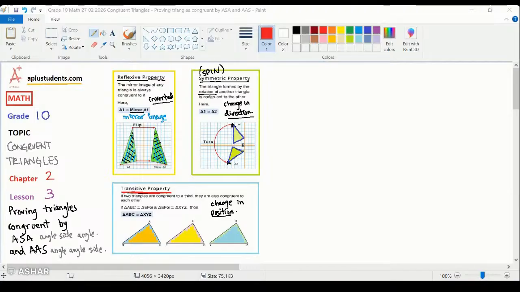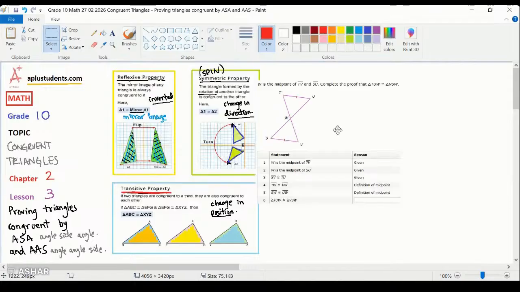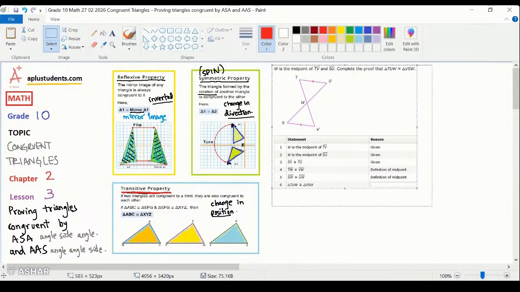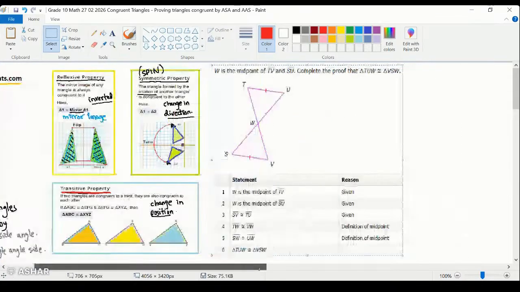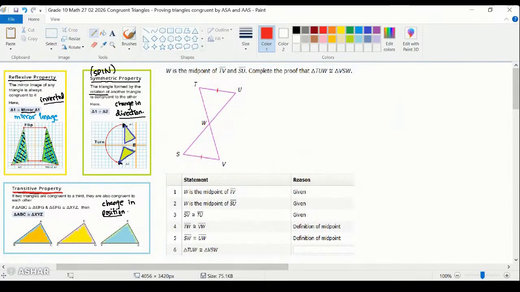The first question says, if W is the midpoint of TV and SU, that means if we have a line TV, W was the midpoint. If we have another line SU, we say W is the midpoint.